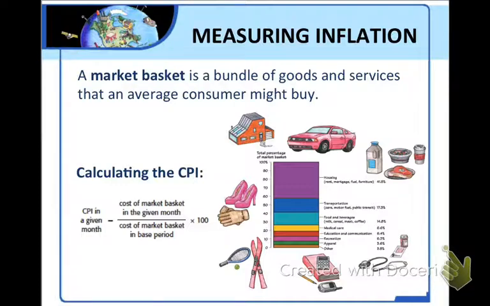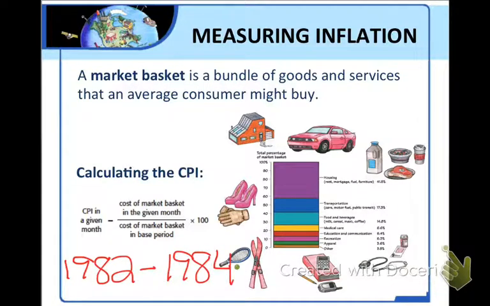The current base period for CPI calculations is the 3 years from 1982 to 1984. So the denominator of the formula for the CPI is the average cost of the market basket from 1982 to 1984.